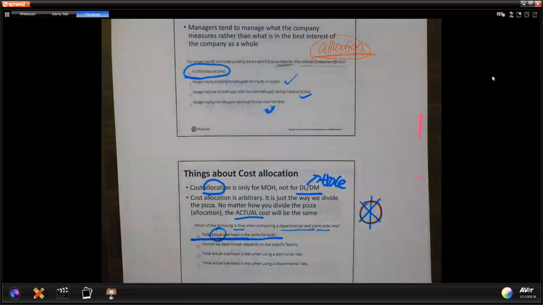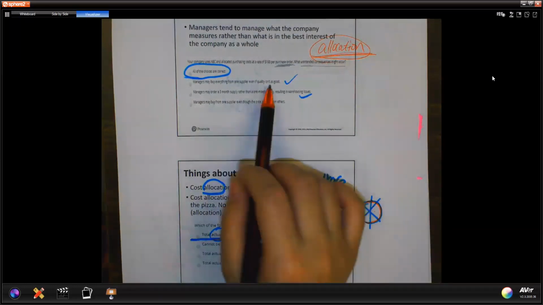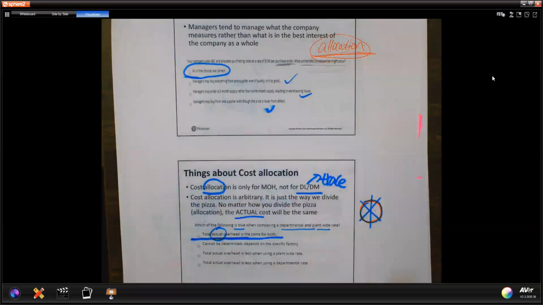So no matter how hard you try to allocate your manufacturing overhead accurately, there are still some really bad things. First thing is some managers try to incur less of the manufacturing overhead based on the allocation criteria.